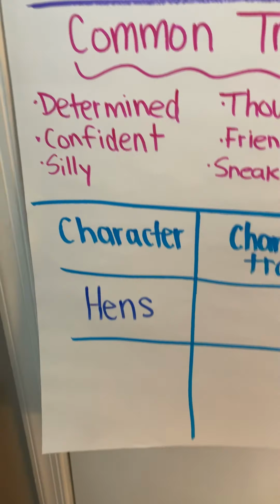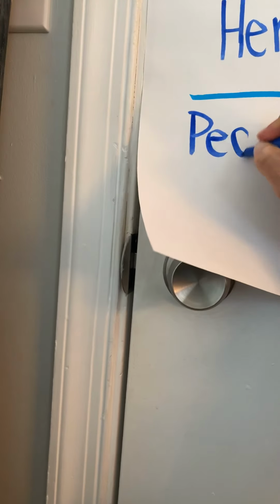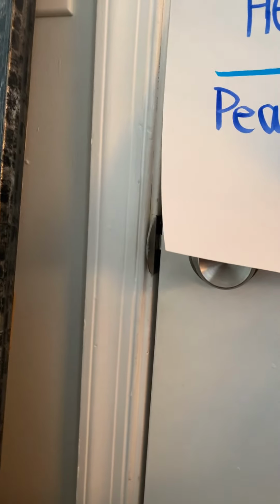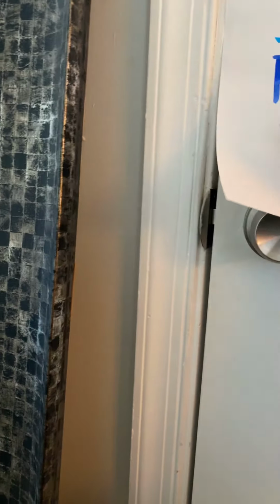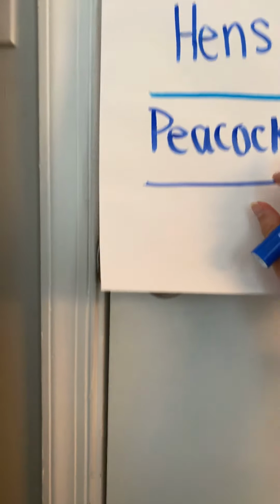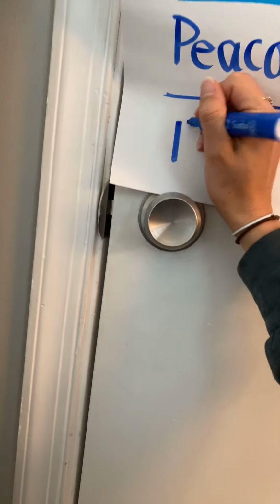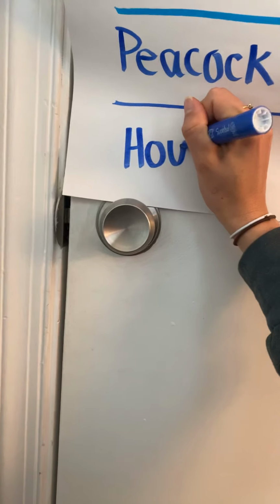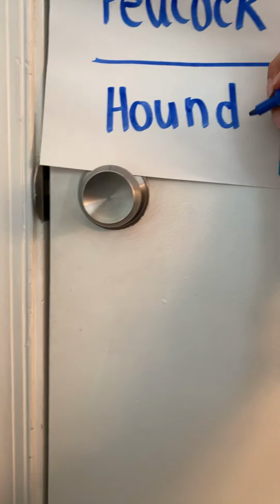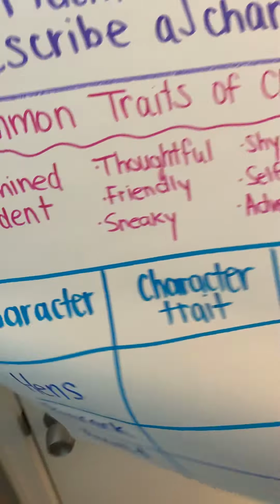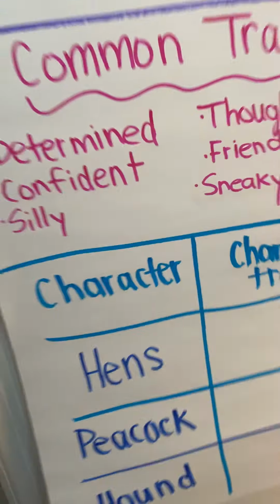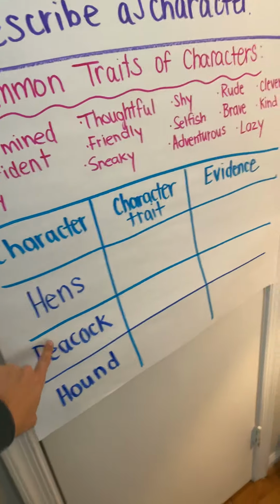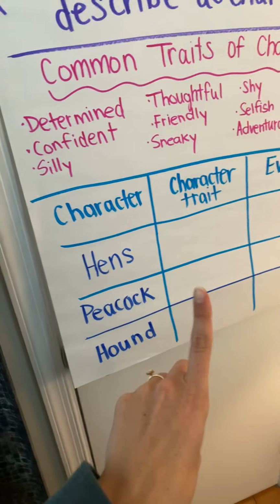Who else do we have? Peacock. And this is my makeshift classroom, so bear with me. And then we also have one more. And that was the hound. Yes, the hound. He was stretched out on the porch. So, we have identified three main characters in the story: hens, peacock, and hound.